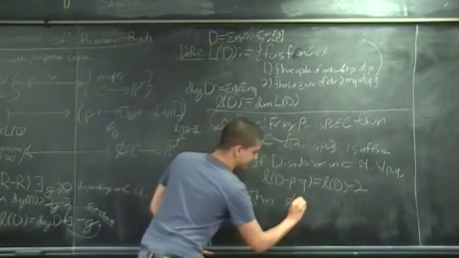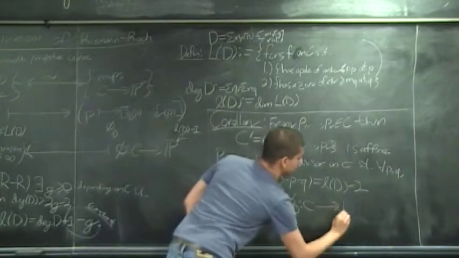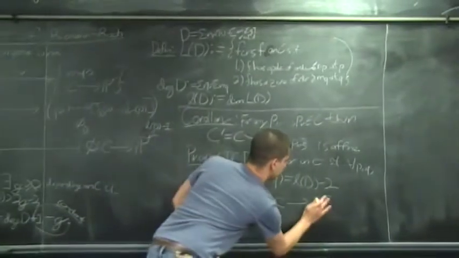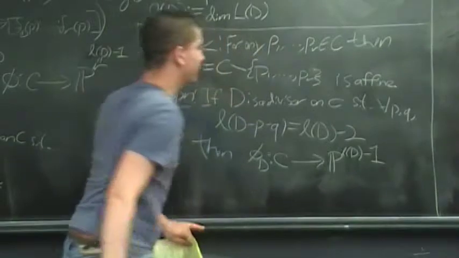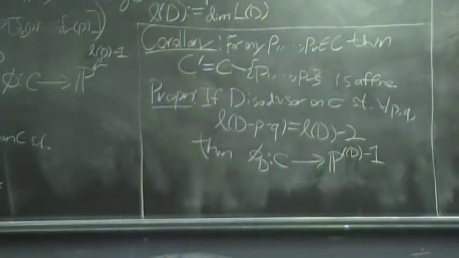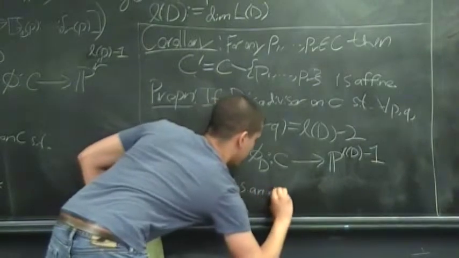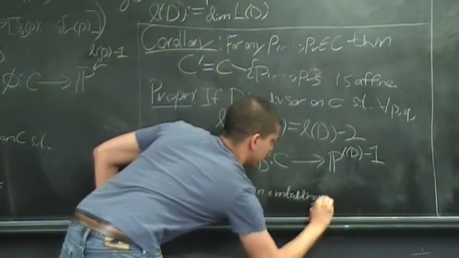then phi_D, the map corresponding to this divisor, which goes from C to P^(l(D)-1), technically, this is an embedding.